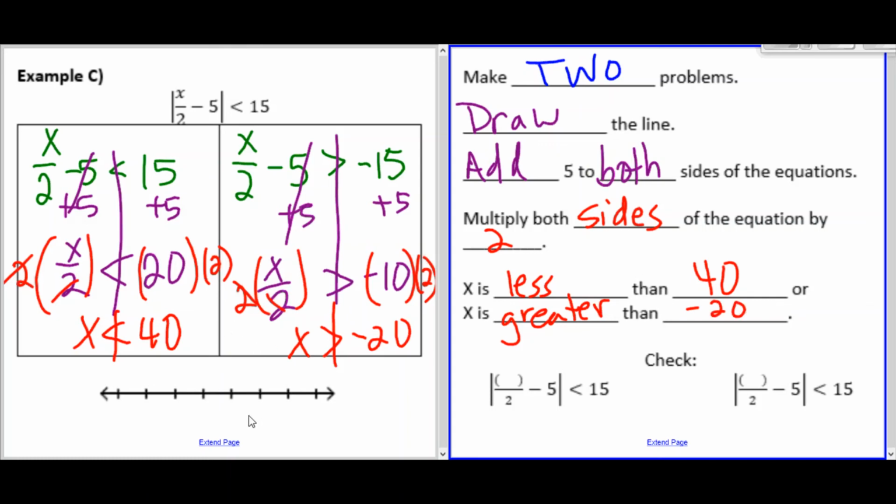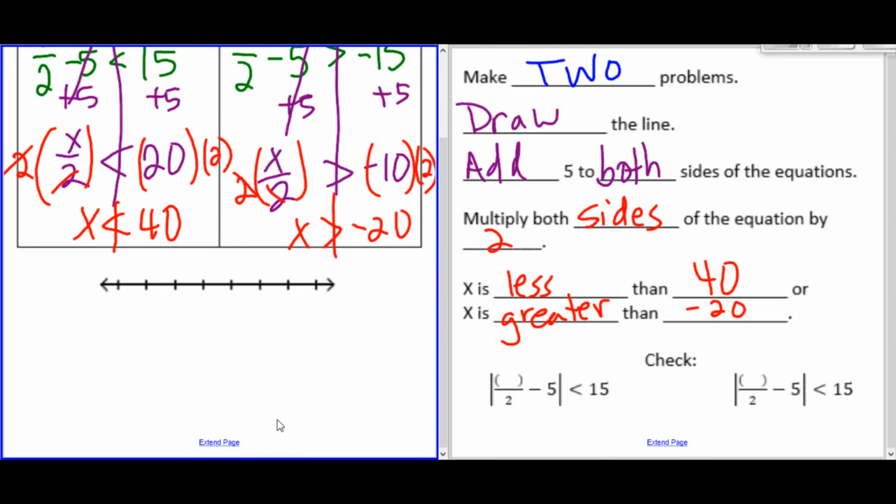And then we can graph our solution on the number line. Sorry, I'm going to plot 40. I'll have an open circle at 40. Then x is bigger than negative 20.